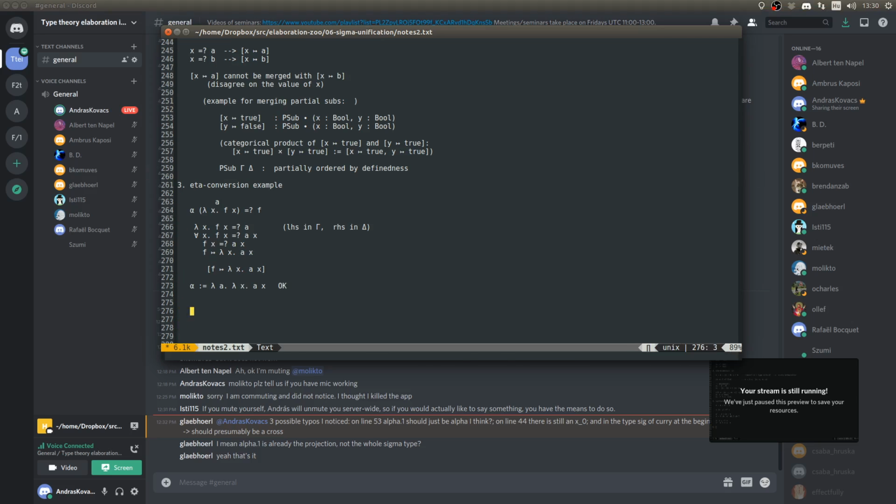So I can do an alpha and then maybe like a lambda x dot fx, or maybe I don't know, like x dot 1 or x dot 2, and I can also do x dot 3. Okay, maybe you get the idea.